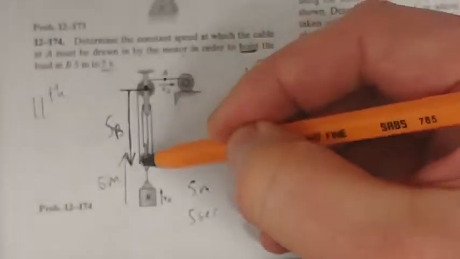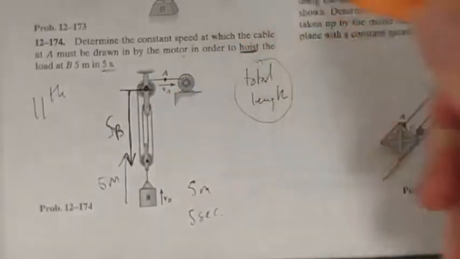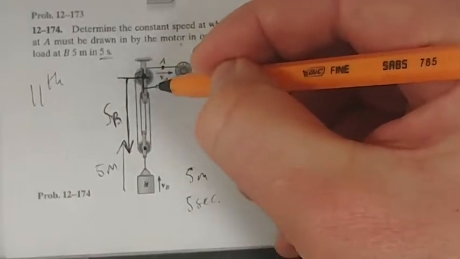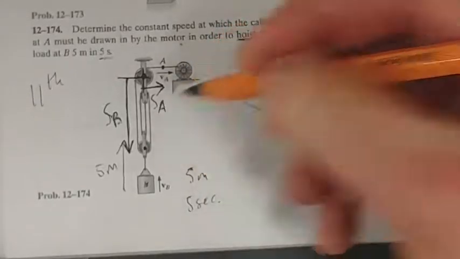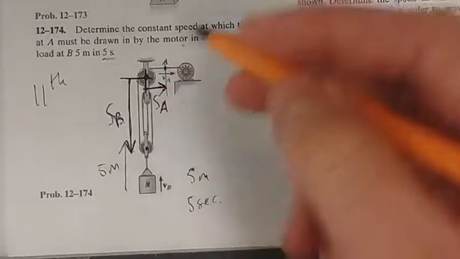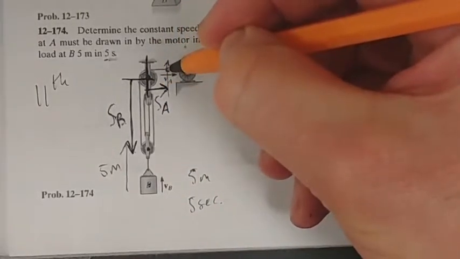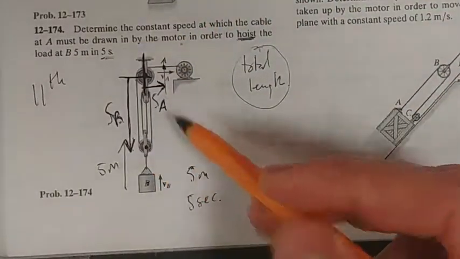So we have SB, SB, SB, SB, so we can have 4 SB here. But we've forgotten about this one. There's our other one, and there is SA, from a fixed reference point to the motion of the particle. Okay, so we got SB and SA.